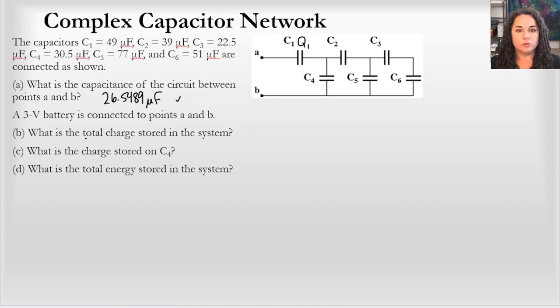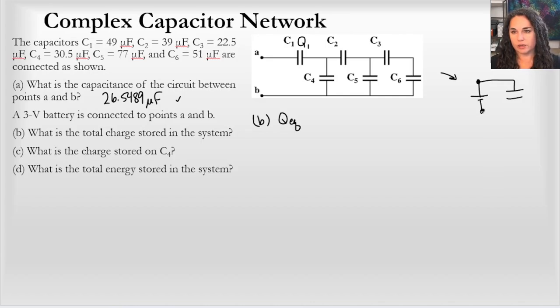Here they want total charge stored in the system, total charge. So that is Q equivalent. What is Q equivalent? The easiest way to get at Q equivalent, and remember when I simplified this, if I draw this, basically I've simplified it down to one equivalent capacitor.